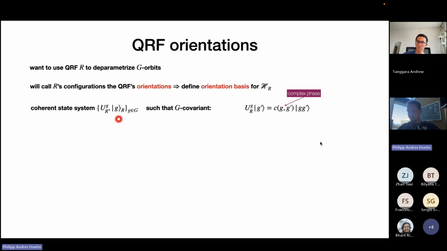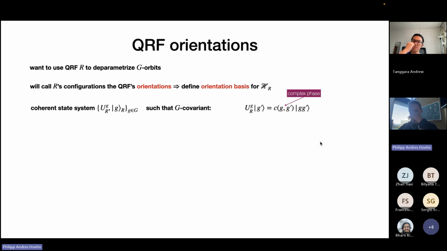So we have coherent states that I will label by the group element g, and then I have a unitary representation of the gauge group G on that frame that acts on it in a G covariant way, meaning I act with the group element on these basis states, and it just translates the argument of the states up to a phase.